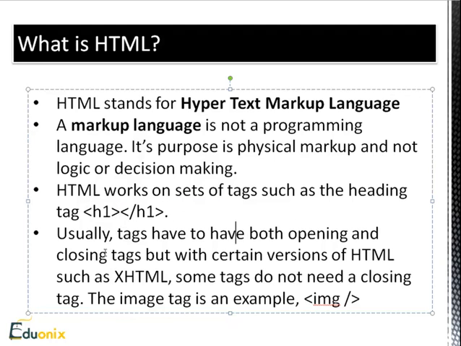So tags usually have an opening and closing tag, much like the H1 here. But then we have tags that don't need to be fully closed. We don't need to have a second instance of the tag name or the element name. The image tag is a good example. You can see the image tag just has the opening bracket or less than sign, then the name of the tag, and then we have the slash and the closing greater than sign.